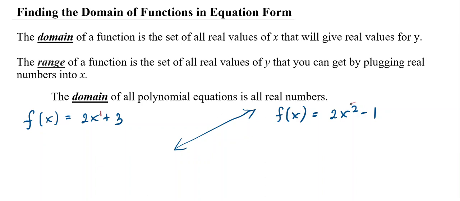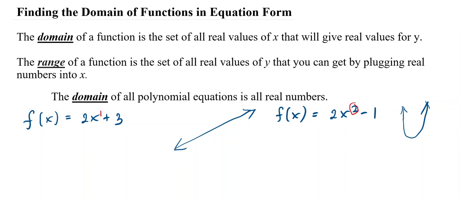And here the highest exponent is 2, so it should be a parabola, either opening upwards or opening downwards. Because this is positive, it is opening upwards. So this is a parabola that will keep going on both directions, to the left and to the right.